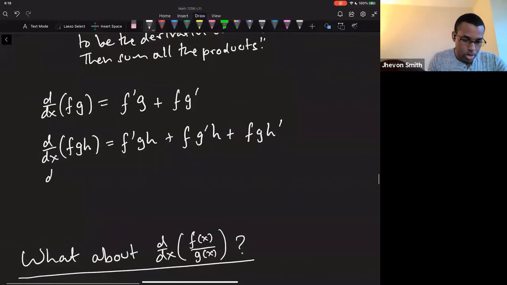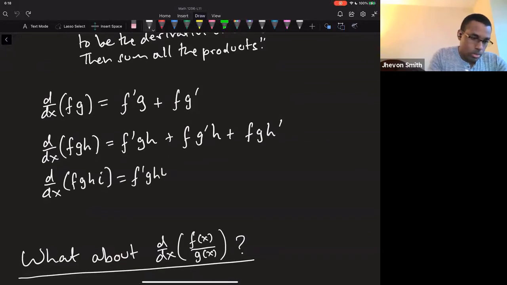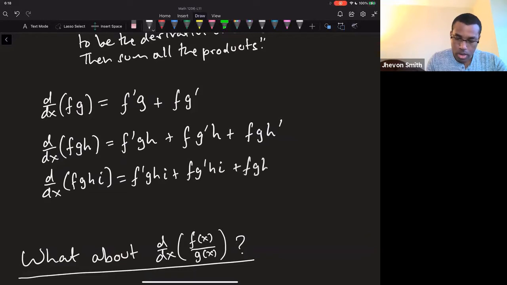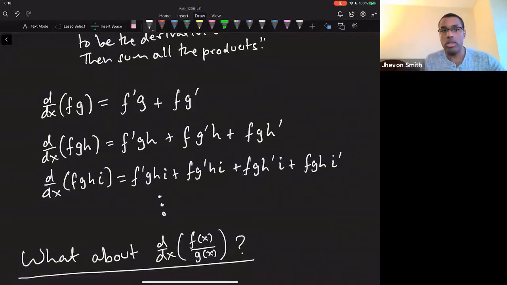And if you want to do the product rule of f, g, h, i, it's the same thing. f gets to be the derivative. Then g gets to be the derivative. Then h gets to be the derivative. Then i gets to be the derivative, right? Which is very nice that it actually works out that way.